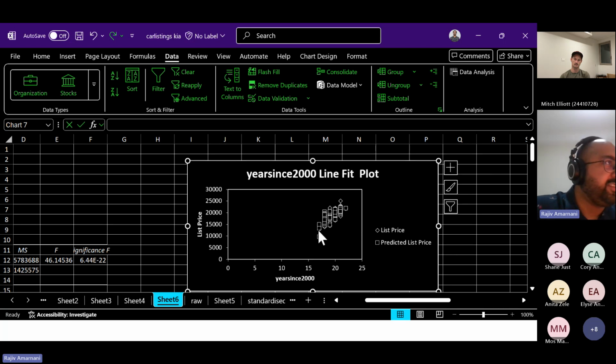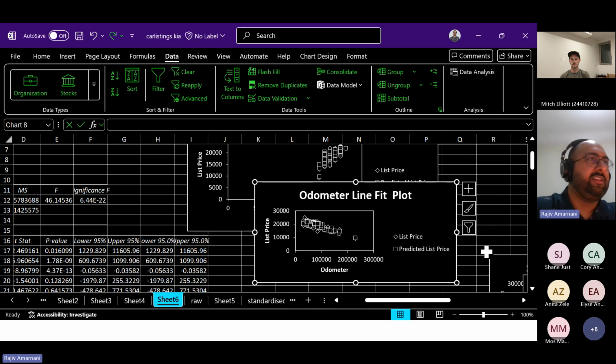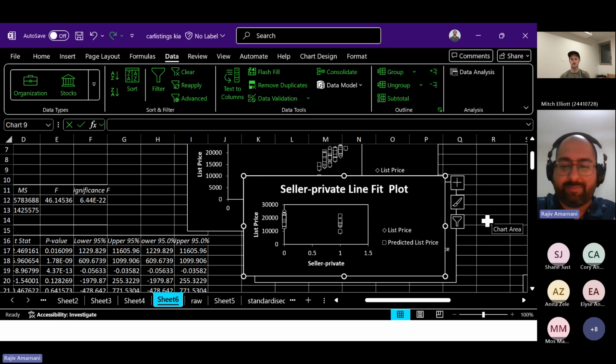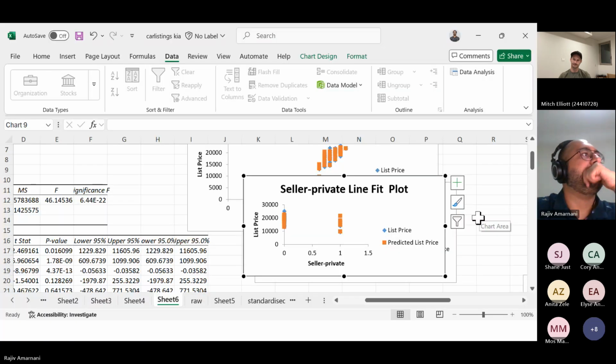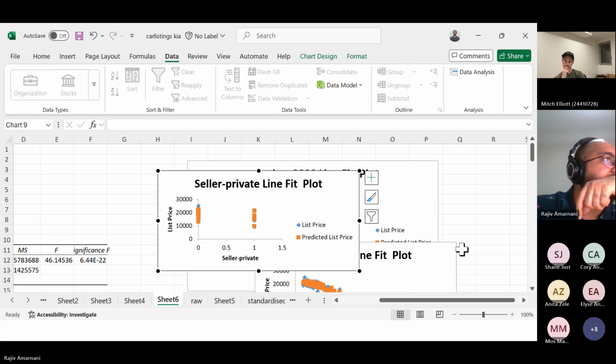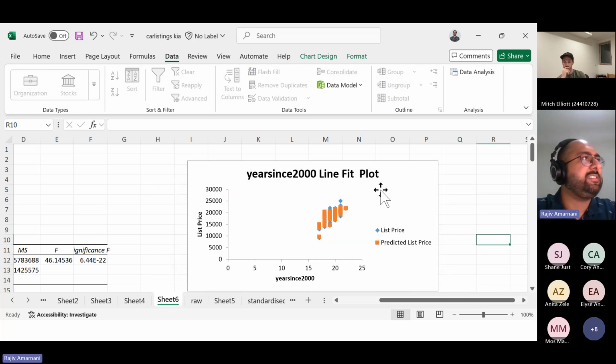In this case, for this specific variable, the list price, the predicted price. This is, yeah, oh, it's not showing the line because of how my screen looks. Let me fix that. Okay. Oh, is it still not showing the lines?